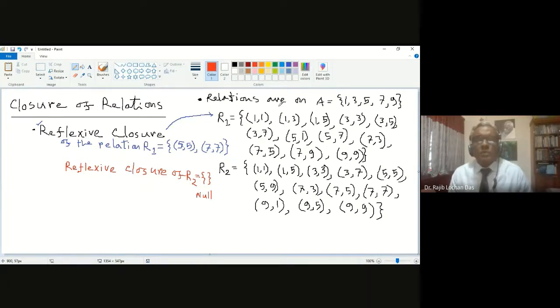This is not given. So maybe there is a criteria. How can I get 12 elements in the R1 set? So there may be some criteria, but we do not know what criteria is given. We can see directly the members.